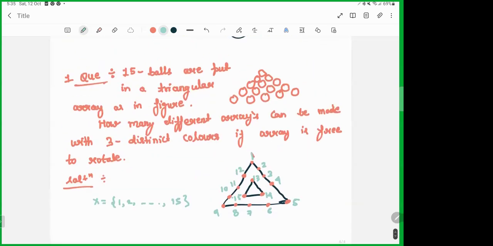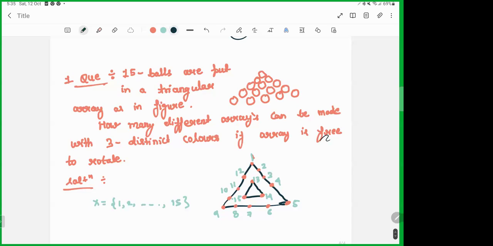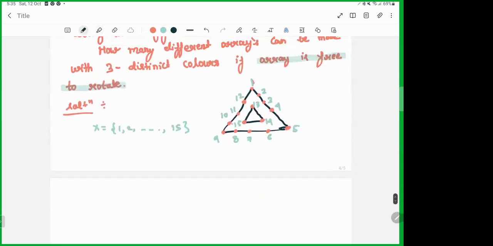What is the group? The group is given by the rotations. One element is the identity, then the next elements rotate it. So we can do 120 degree rotations three times.